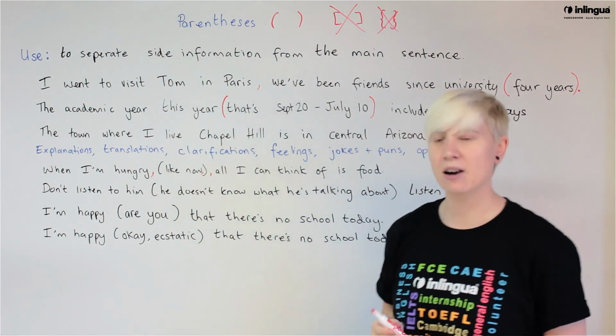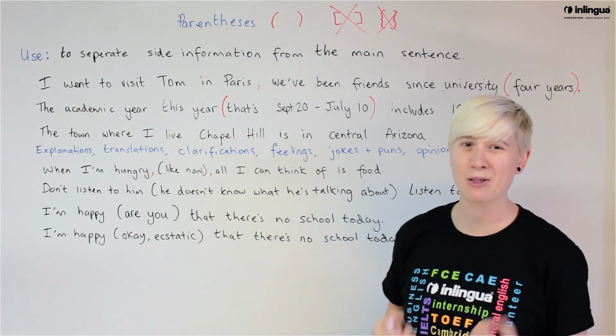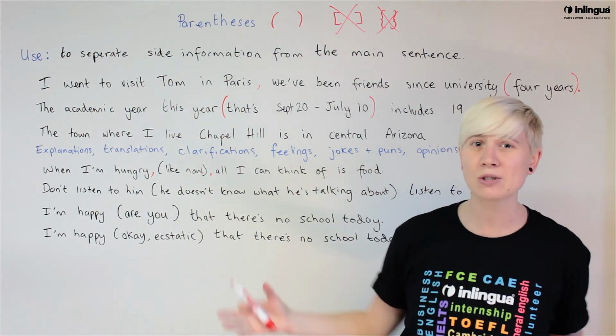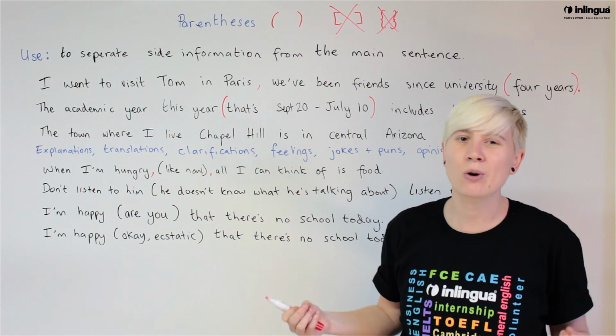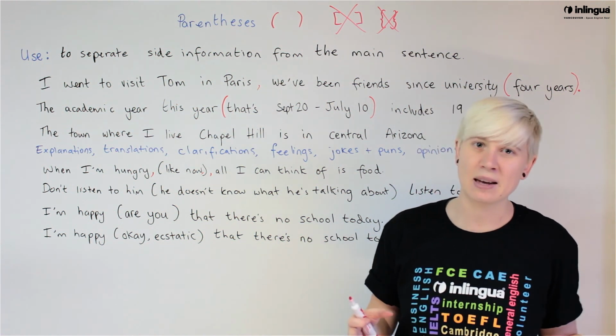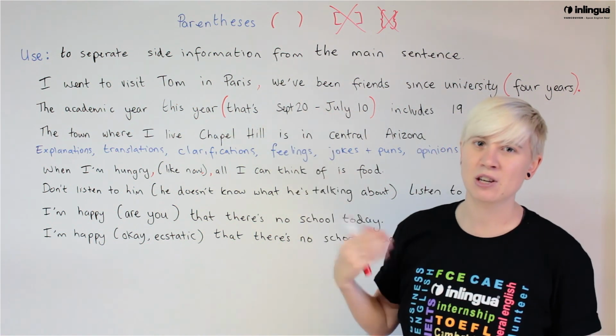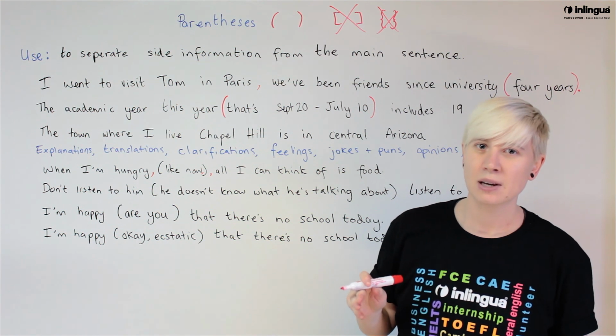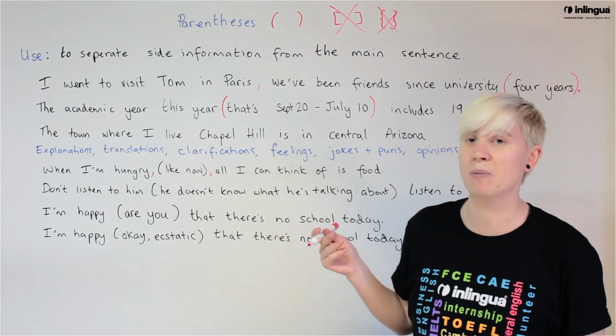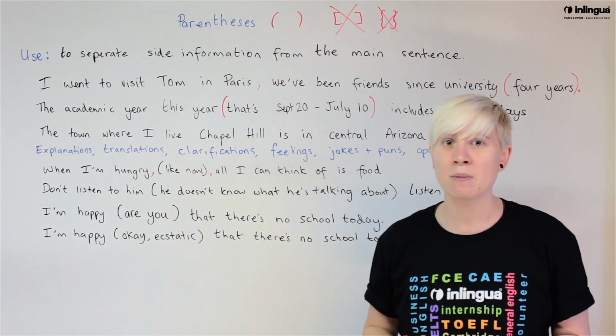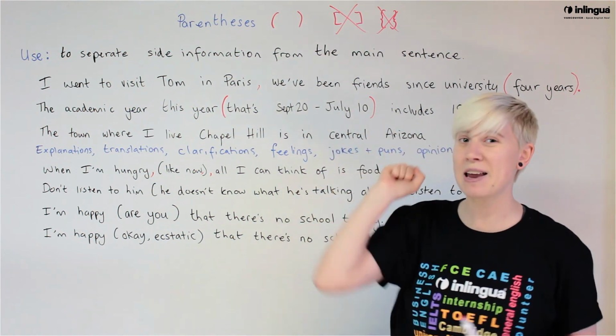The dates here are not so important because we are talking about the number of holidays within the whole school year. Okay? We're not talking about when the school year starts or ends. That's just extra information they've chosen to give you. Okay? A helpful aside. It's useful information, but it is not the main point of the sentence. We could take it right out.